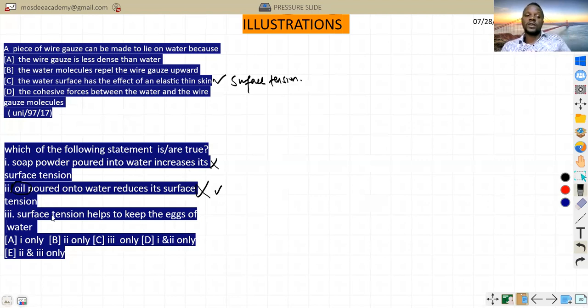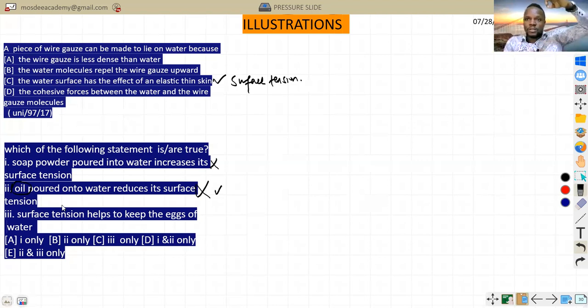And the third one says, surface tension helps to keep the egg on the water. Of course. Why? I don't understand that grammar, but what I think it should have been is that surface tension allows an egg to stay on top of water.